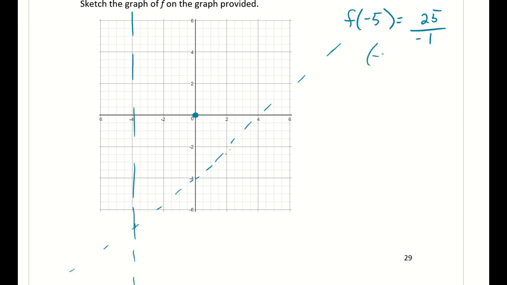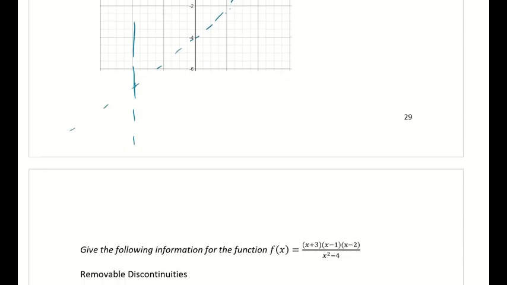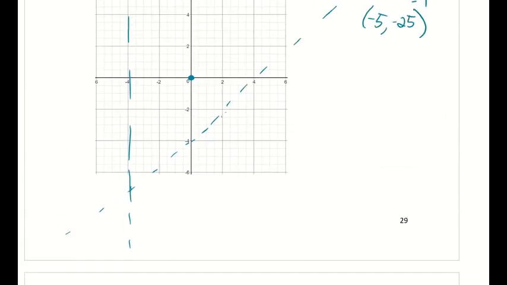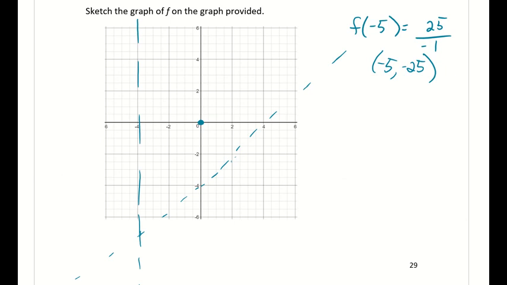So we have the point (-5, -25), which is somewhere off the graph. Just know that it's going to go somewhere in this piece, in between those asymptotes.